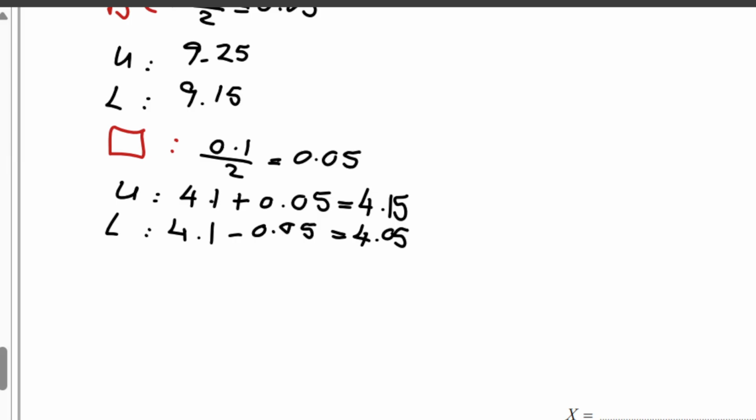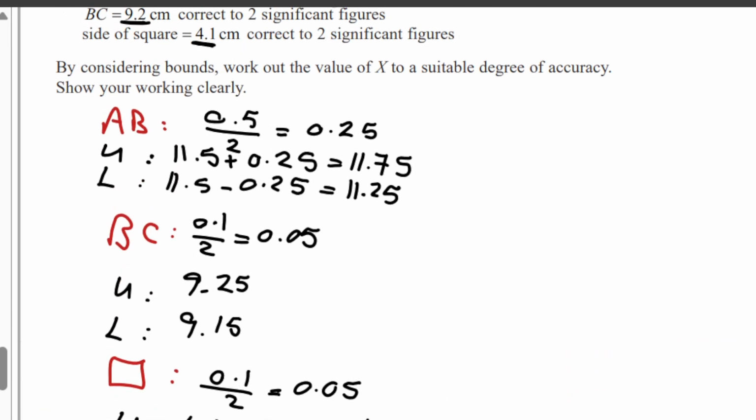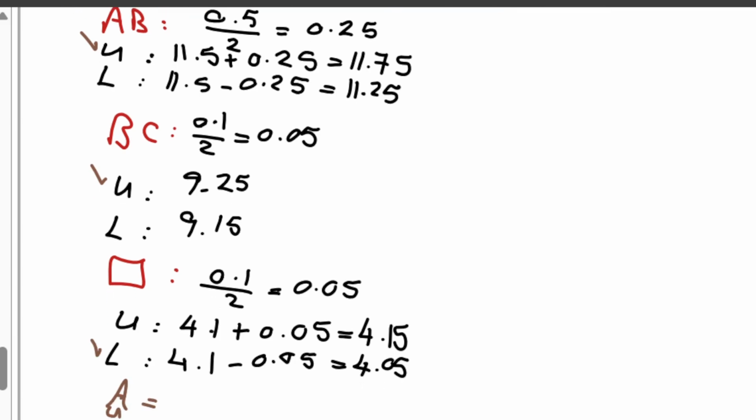Now, let's find the area. The upper bound of the area, we will use the biggest value here. We'll use the upper bound, and we will use the lower bound.